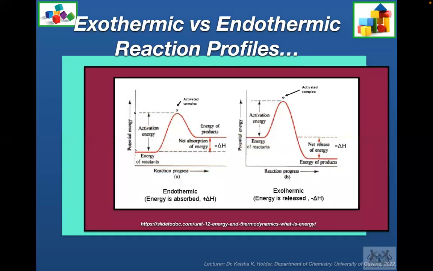However, what we have not paid much attention to is the difference between the energy of the reactants and the energy of the products. Essentially, when we think about the differences in energy between those two species, we have the possibility of two occurrences. In the first case, our reactants are lower in energy than the resulting product.